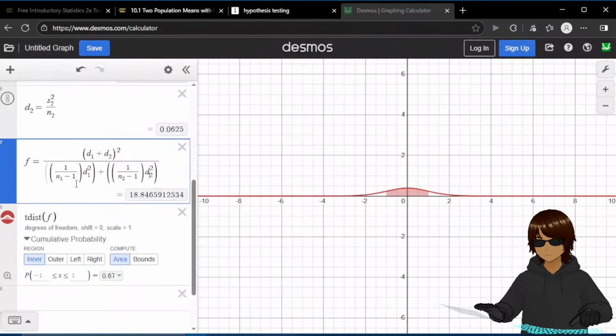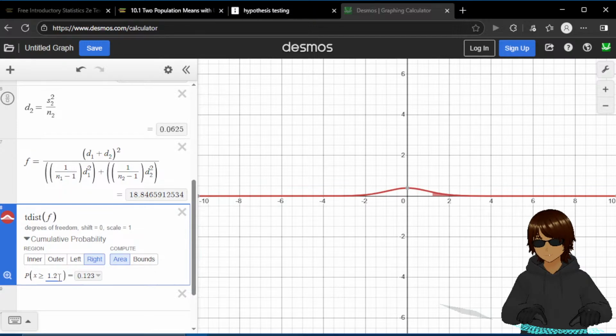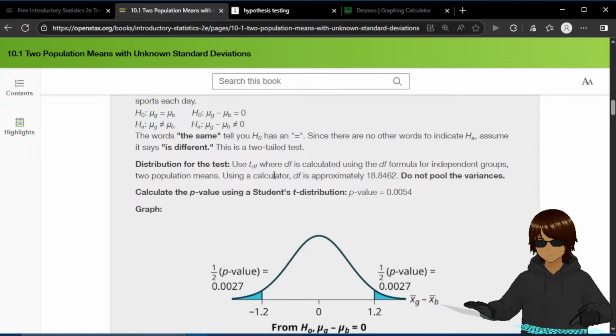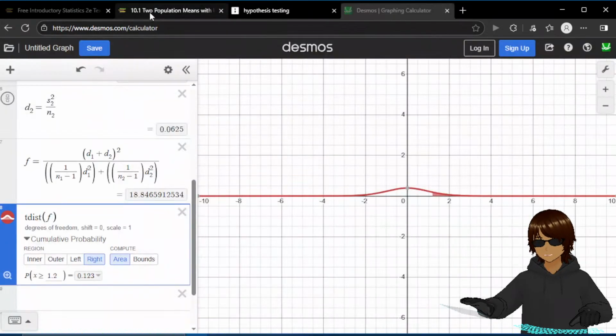Which will give 1.2. DF is approximately 18.846. Yeah.